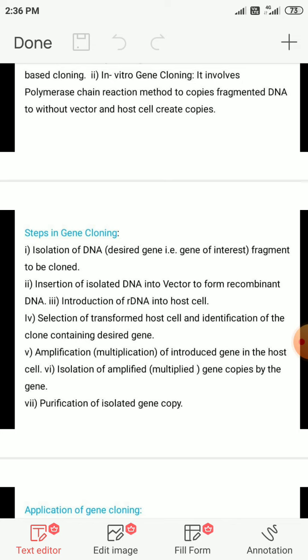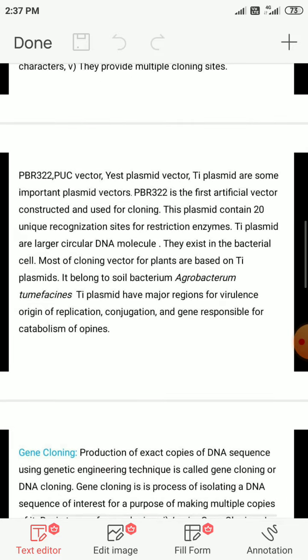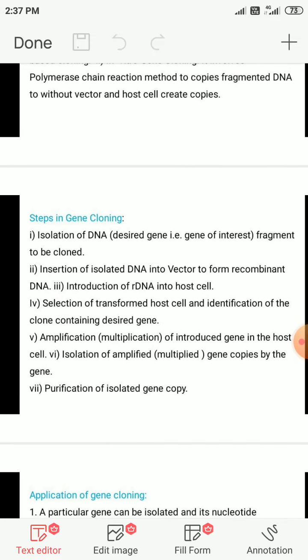It may be pBR322, it may be yeast plasmid vectors or the Ti plasmid, whatever it may be. This insertion of the isolated DNA into the vector forms the recombinant DNA.